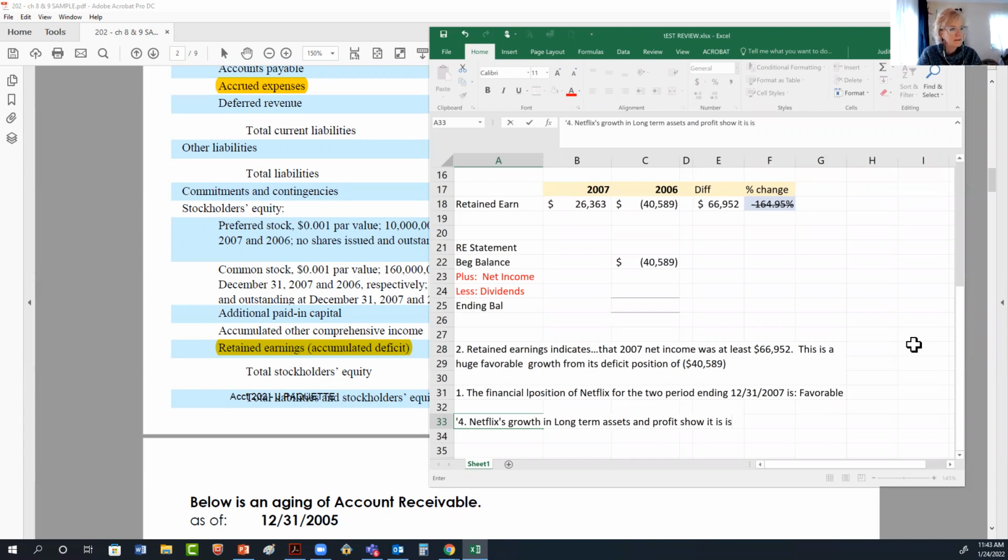It is in a strong position in 2007. Something like that. Okay. All right.